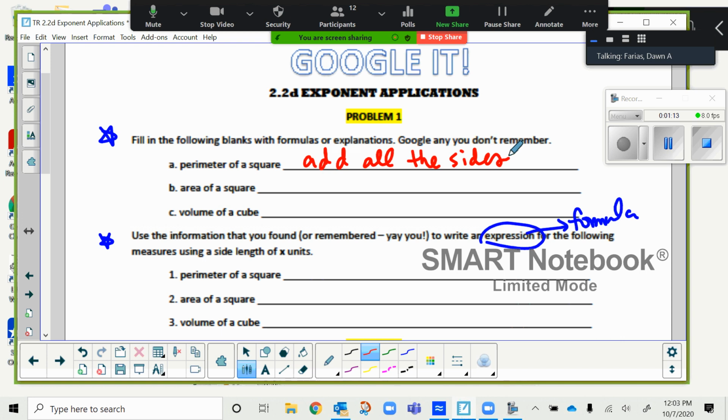The area of the square is when you multiply the length times width. And squares are flat. So for A, we're talking about a flat square. For B, we're talking about a flat square.